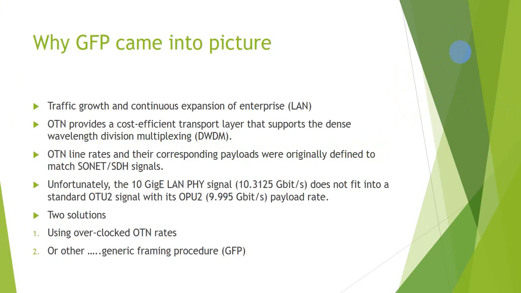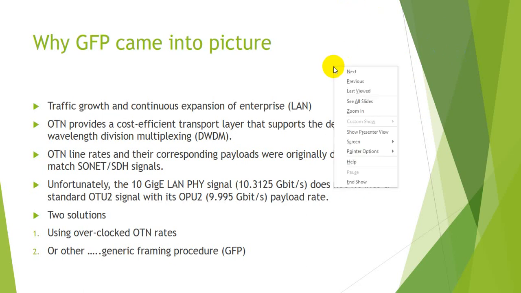So why do we need GFP? Why has it come into the picture? What was the requirement? There is a scenario where traffic growth continuously increased in the LAN network because enterprises started using it, and LAN was not subjected to only one location, which is the very definition of a closed LAN.